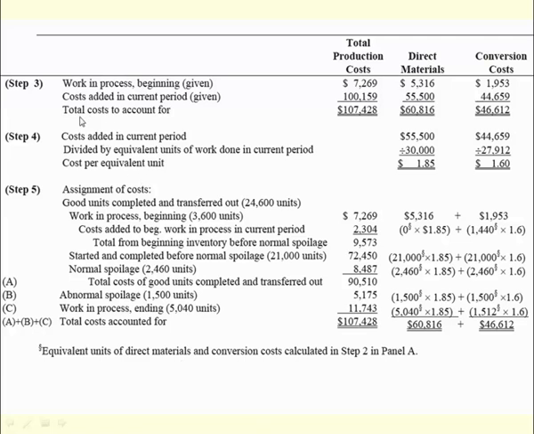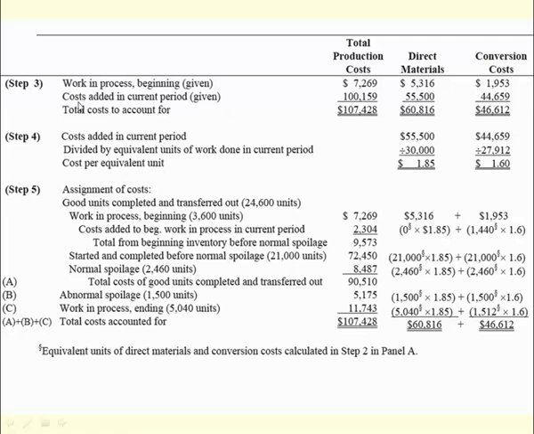Step 3. Total costs to account for. Under the first-in, first-out method, we only write the work in process beginning costs, but we do not add them to costs added in the current period in order to calculate cost per equivalent unit.